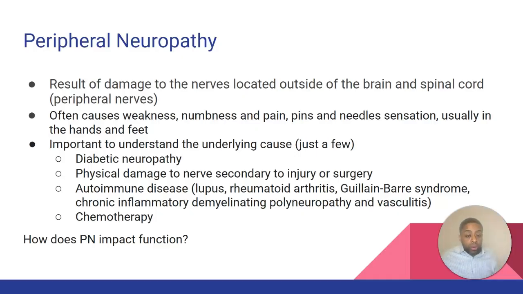Now, when it comes to peripheral nerve injuries related to physical damage to the nerve, which certainly can occur with any type of trauma or injury or surgery, depending on the extent of the damage, there could potentially be nerve regrowth that could occur that essentially would lead to improvement, right?